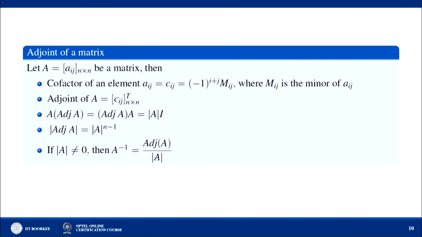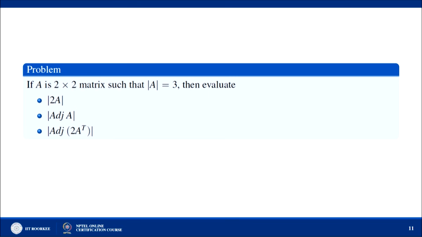Also, we know that if the matrix is invertible, then the inverse exists and the inverse is given by adj A upon determinant of A. Now, this is a very simple problem. Let us see it just to illustrate a few properties of matrices. Here determinant of A is 3 and A is a matrix of 2 cross 2 order.